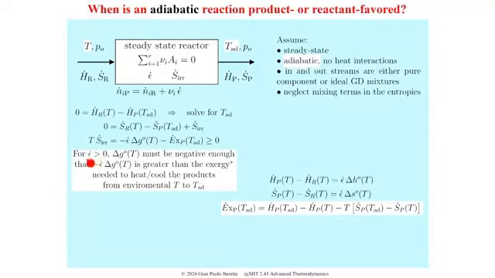And so you see, if you want the reaction to occur in that direction, you need delta G to be negative, but it must be negative enough to overcome this exergy here.